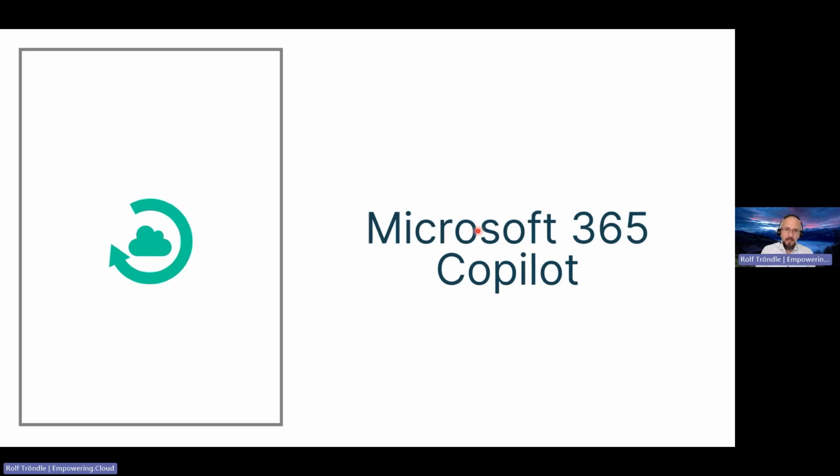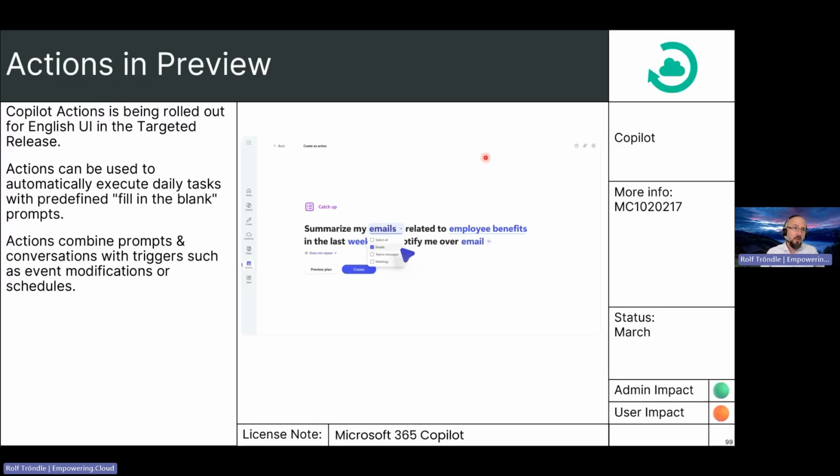Okay, then let's continue with another big one this month, Microsoft 365 Copilot. First of all, Copilot actions announced last year are now being rolled out for English UI only, in preview in targeted release. With actions, you can automatically execute your daily tasks.